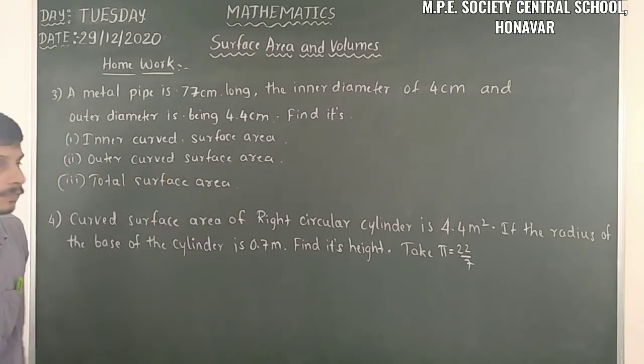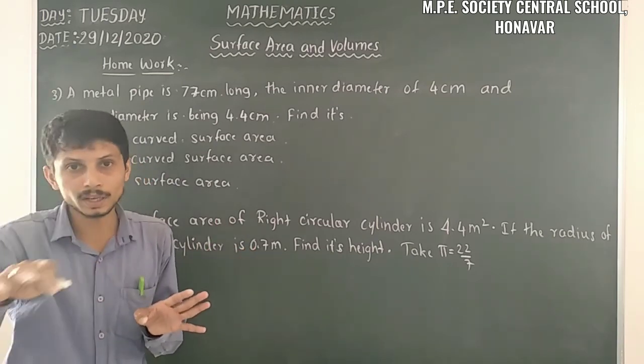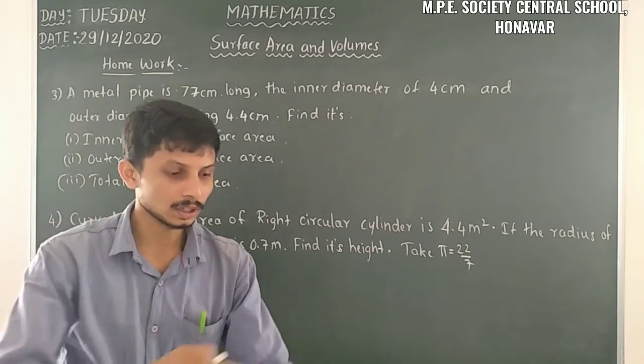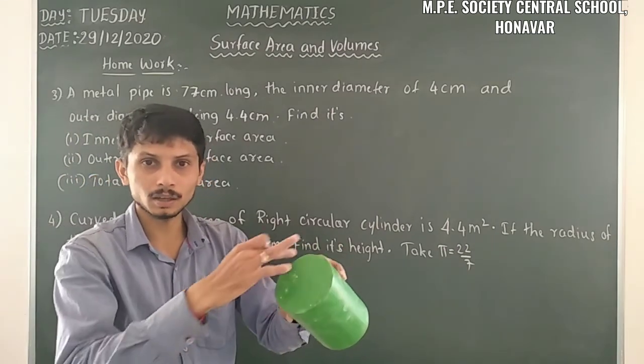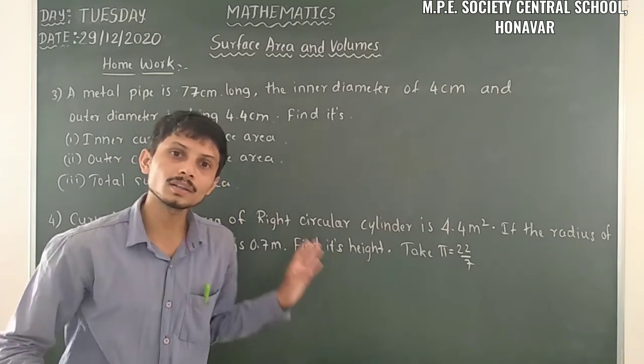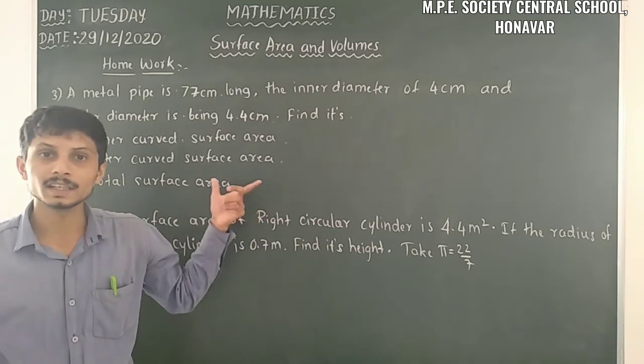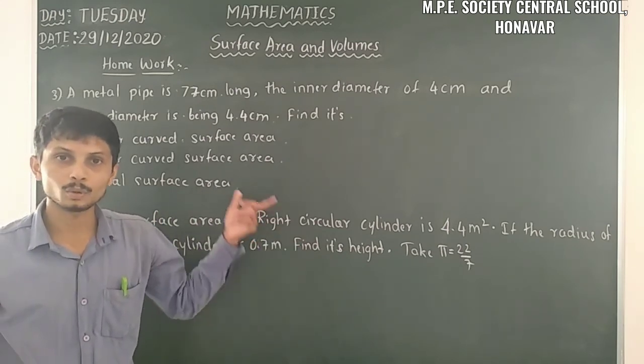And what about total surface area? In case of total surface area, we have to take the whole part, whatever thickness we have, so we consider this complete part. That's why we take the outer diameter only in case of total surface area. So I hope you understood.